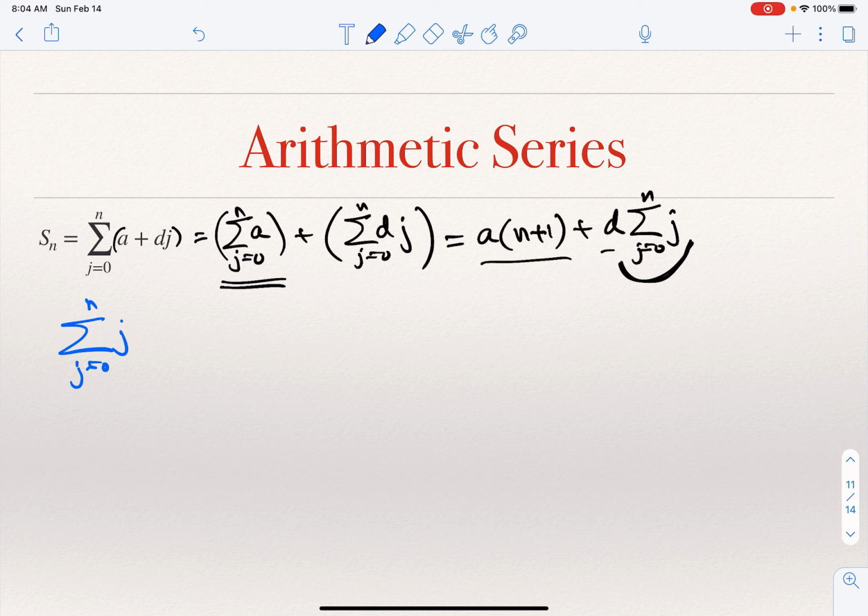Now, I want to remind you that the telescoping sum says that the sum of a_j minus a_{j-1}, from j equal 1 to n, will give us a_n minus a_0. So when you want to apply the telescoping sum, you really need to say what a_j is.